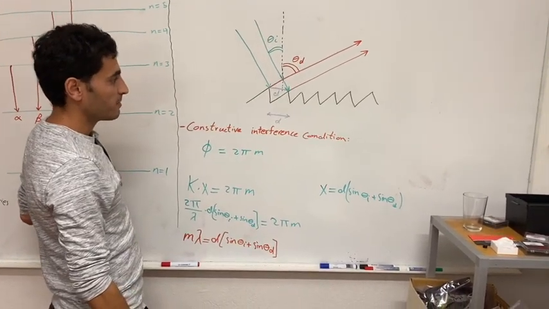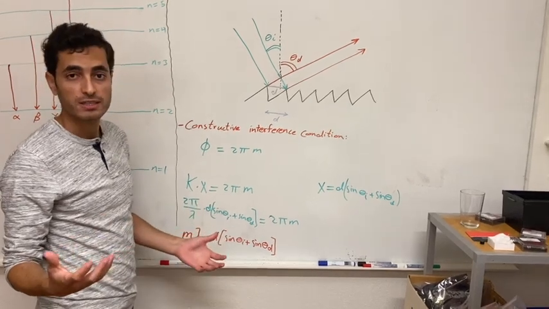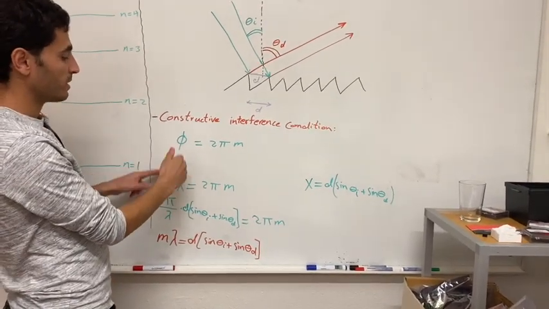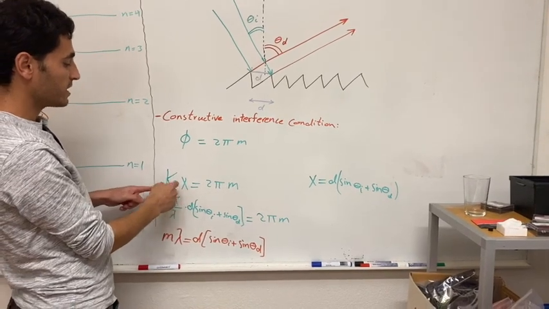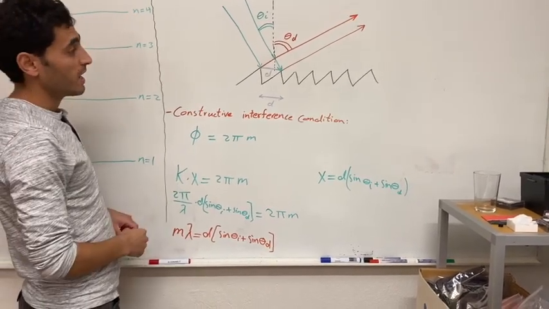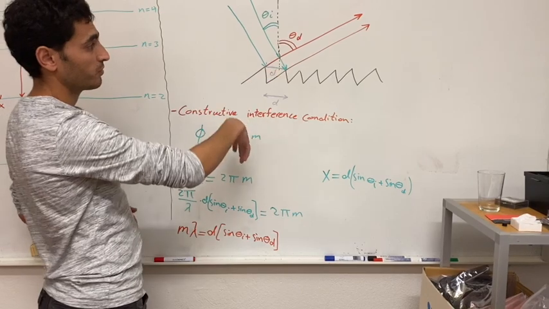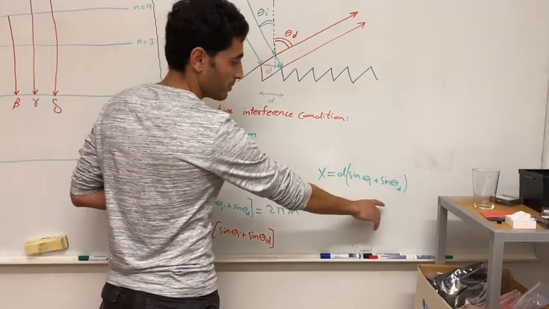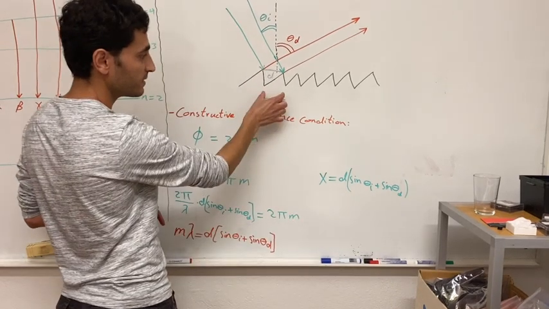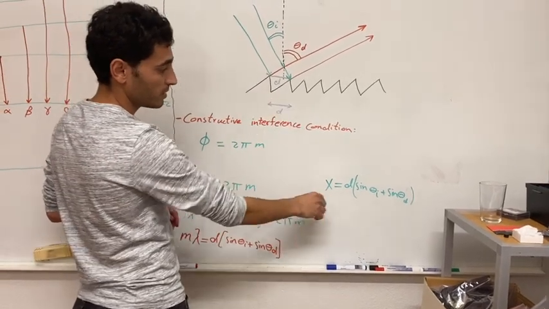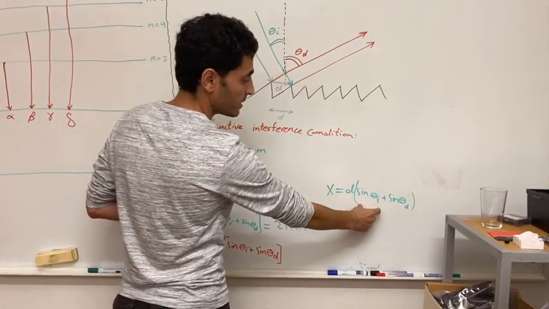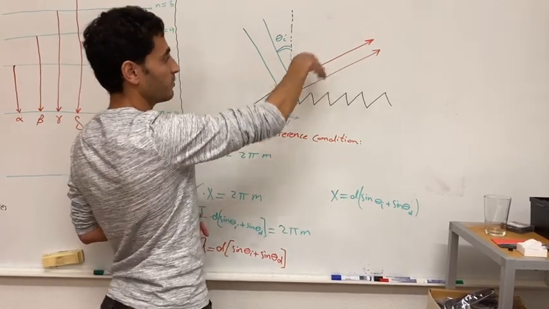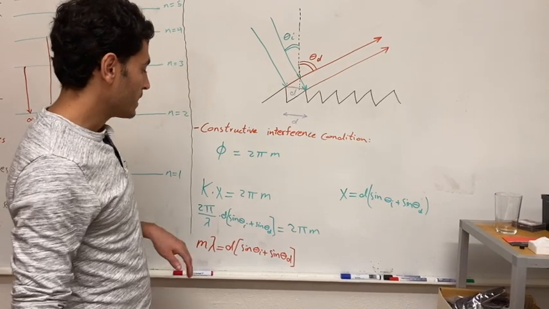I will not go into details here, but normally the phase is written as that distance times the wave number. If you do the geometry of the rays here, you will see that x can be written as the slit separation, d, times the sine of the incident angle plus the sine of the diffracted angle.